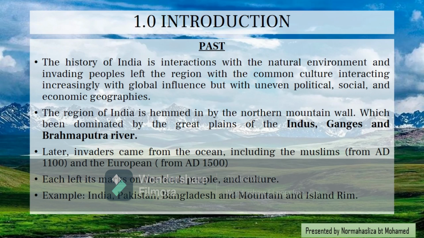Each left its marks on the lands, peoples, and cultures. Today, this region comprising India, Pakistan, Bangladesh, and mountain and island rim countries interacts with the rest of the world from a base of complex traditions and profound ideas and values.